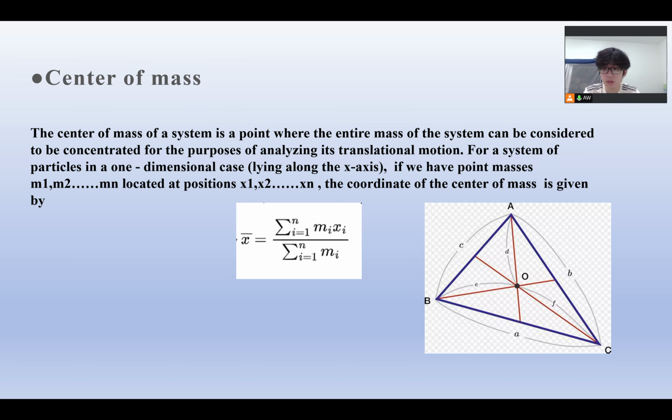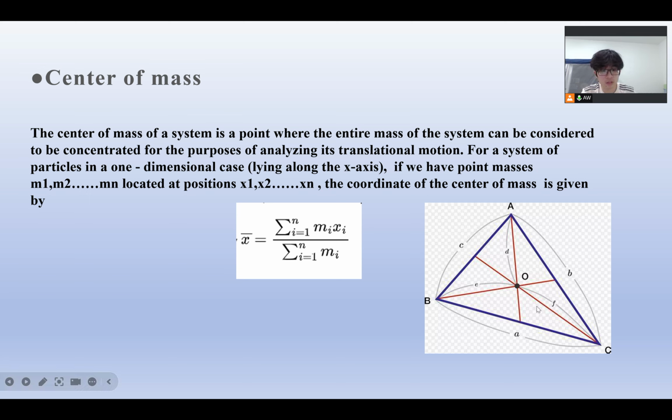For a system of particles in one-dimensional cases, usually lying along the x-axis, if we have point masses m1, m2, ..., mn located at points x1, x2, ..., xn, the coordinate of the center of mass is x bar equals the sum of mi times xi from 1 to n, over the sum of mi from 1 to n.